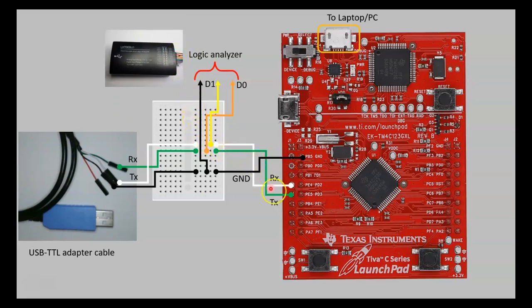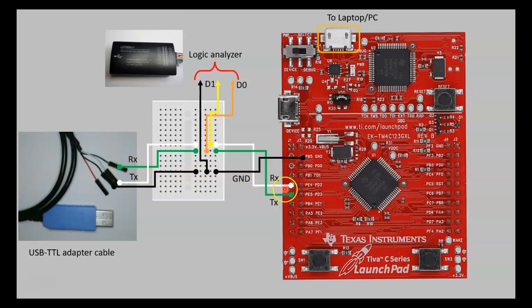The connections: PE5 on the board, following the green jumper wire to the mini breadboard, and from here it's connected to the receive part of the USB TTL adapter cable.